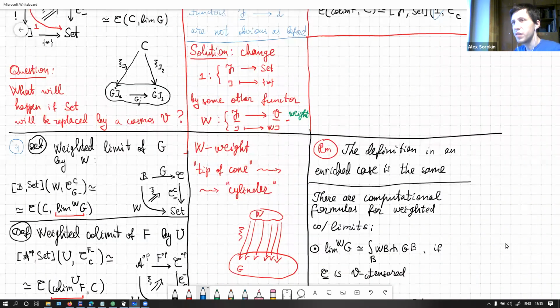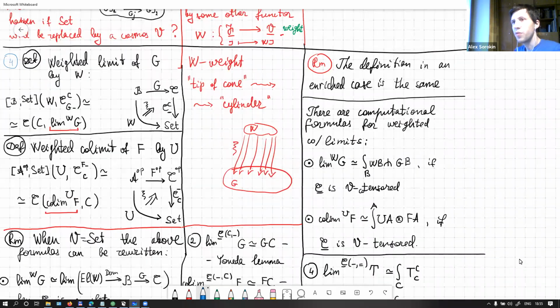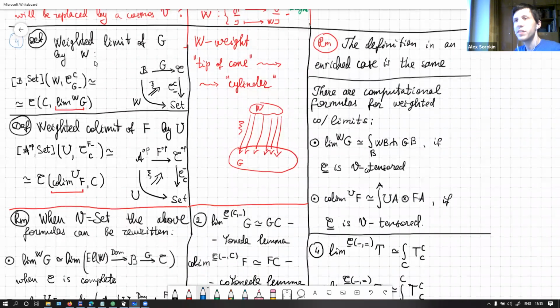So what do I mean by weighted limit of functor G by weight W?